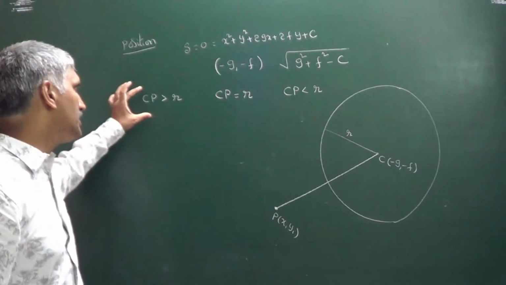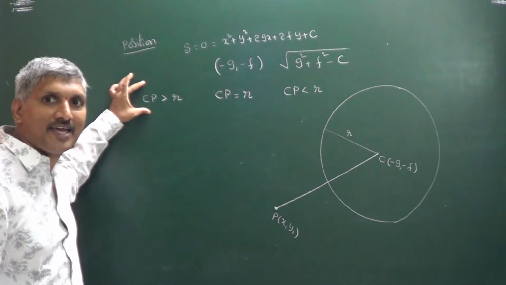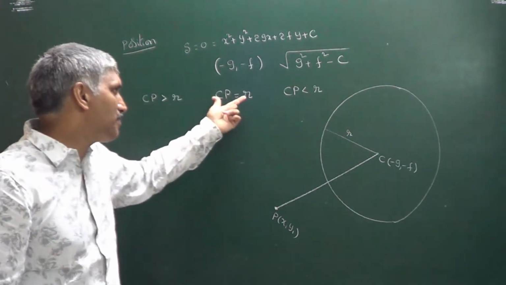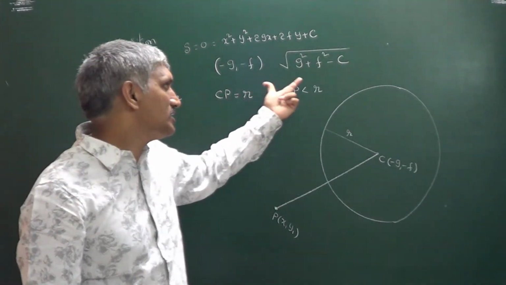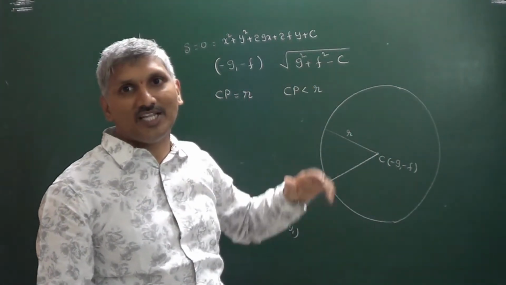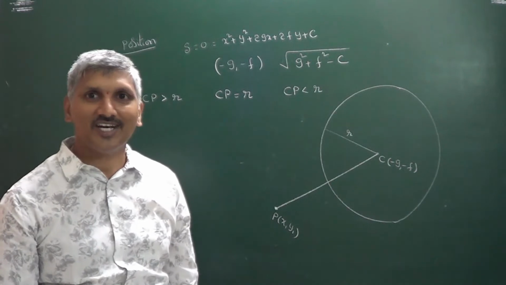Okay, so CP greater than R, the point lies outside the circle. CP is equal to R, then the point lies on the circle. CP less than R, then the point lies inside the circle.